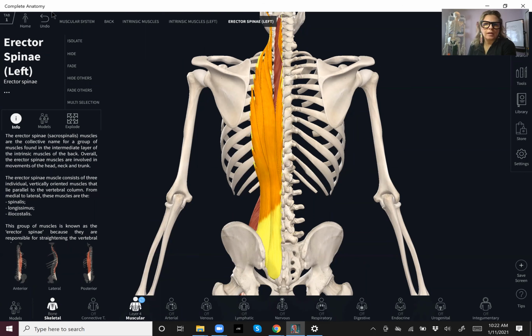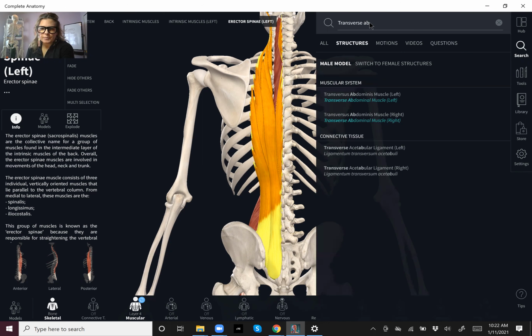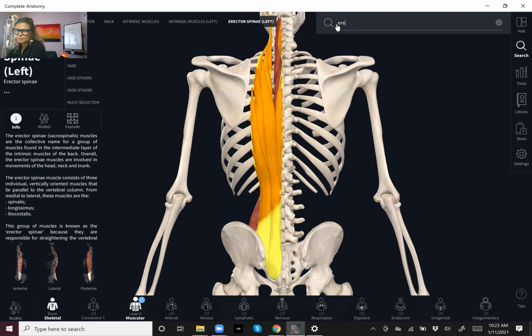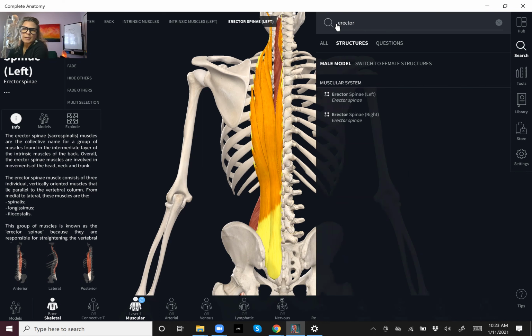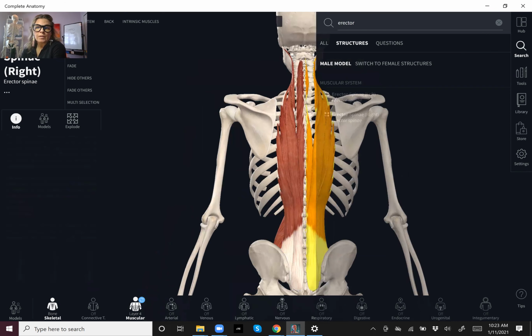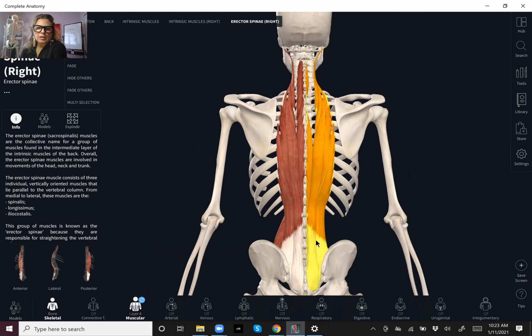You can see on the right hand side. So here we're highlighting the right hand side and the left hand side.